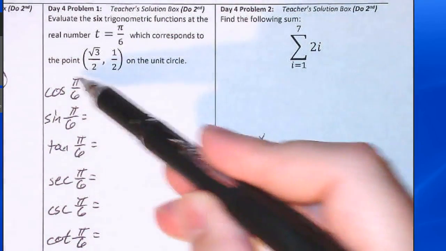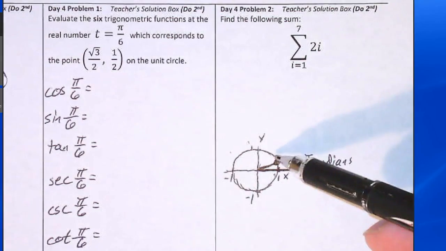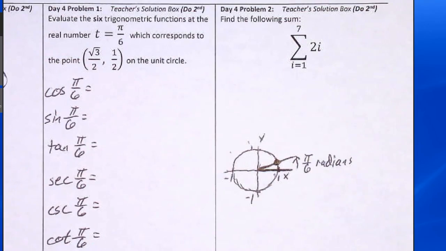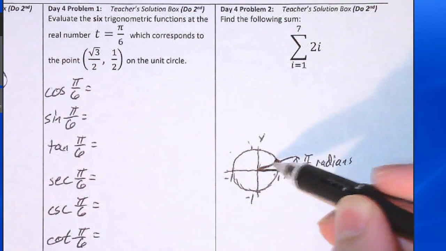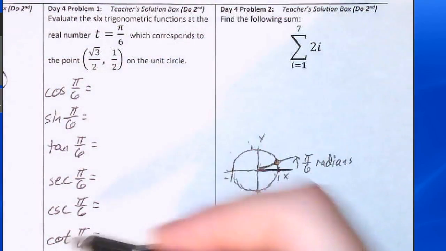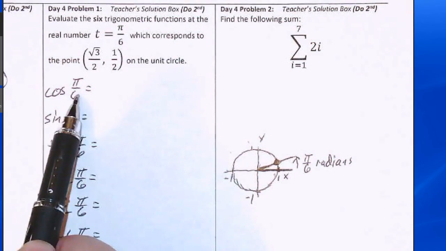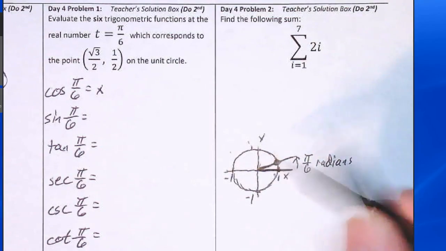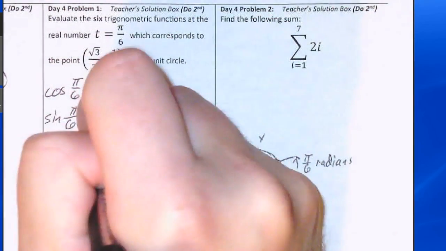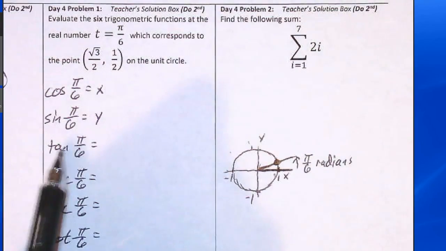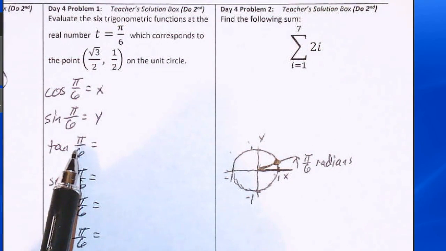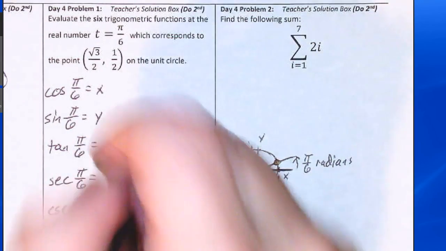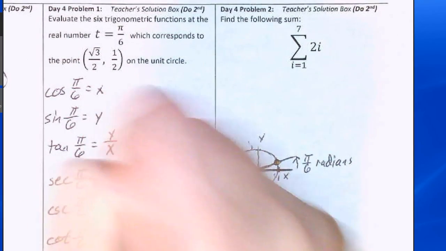Now, because trigonometric functions are related to points in the x and y coordinate plane on a unit circle, we can use the x and y coordinates of these points to find our values. The cosine of an angle is the x coordinate on a unit circle. The sine of an angle is the y coordinate. Tangent of an angle is defined to be the sine value divided by the cosine value, or y over x.